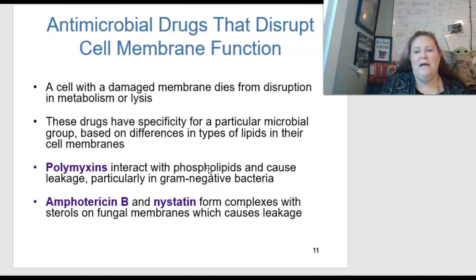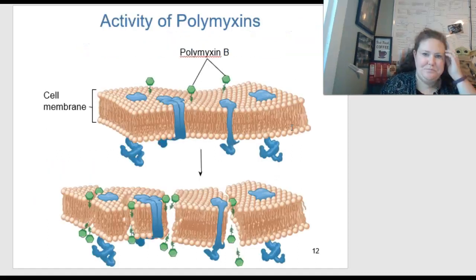Polymyxins interact with the phospholipids and cause leakage. So you can leak in and out, right? This would be particularly effective in gram-negative bacteria, whereas amphotericin B and nystatin both form complexes with sterols on the fungal membranes, which therefore can cause leakage.